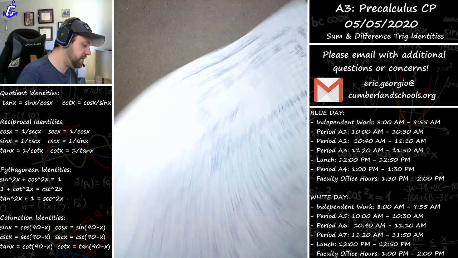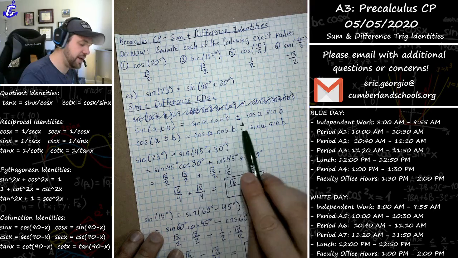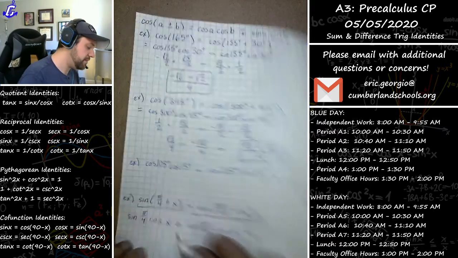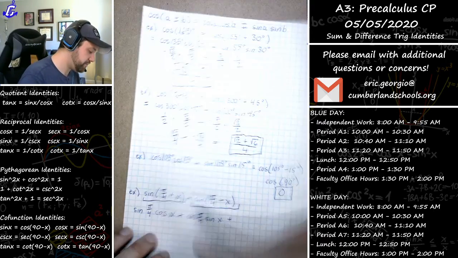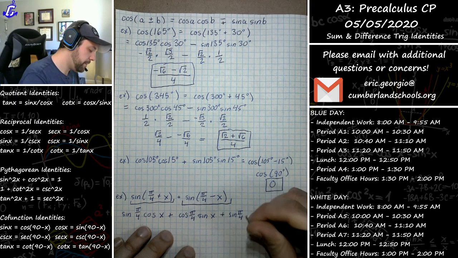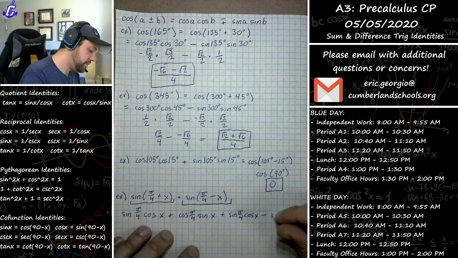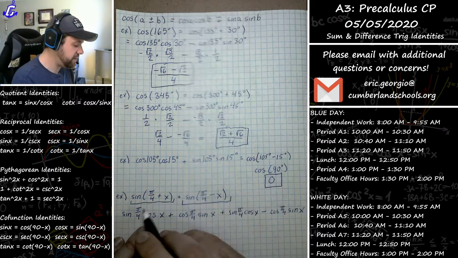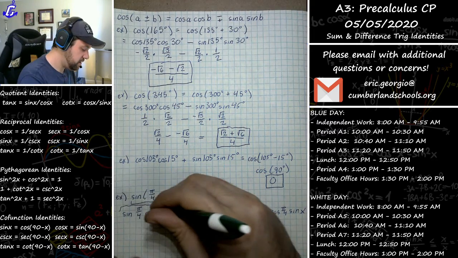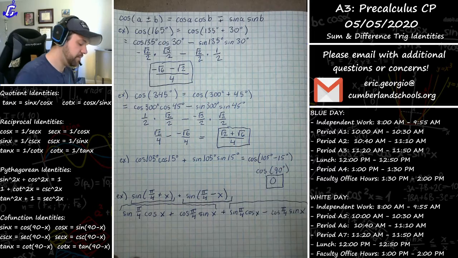Notice, sine a minus b is going to be sine a cosine b minus cosine a sine b. So that's going to be sine pi over 4 cosine x minus cosine pi over 4 sine x. Right? Notice how we broke this down to this first section, and we broke this second part down to that section.